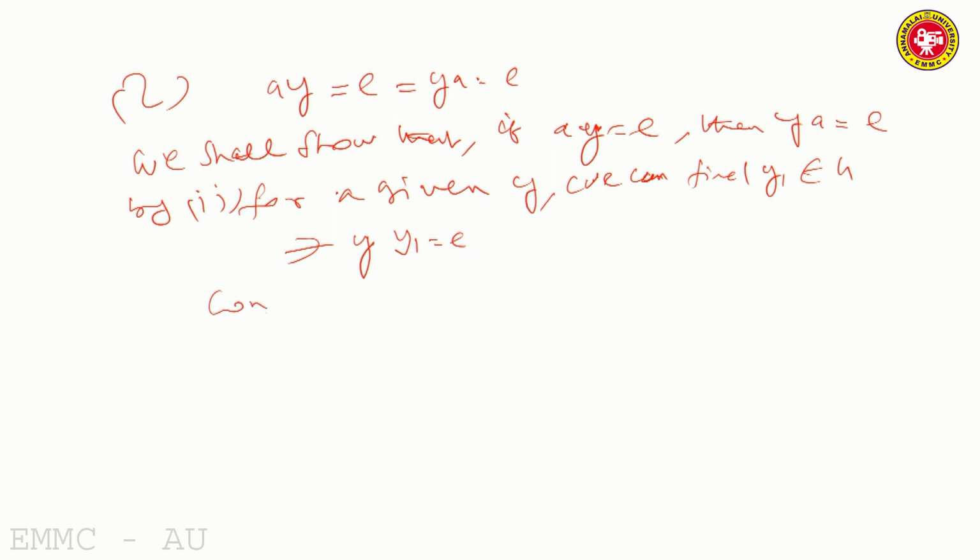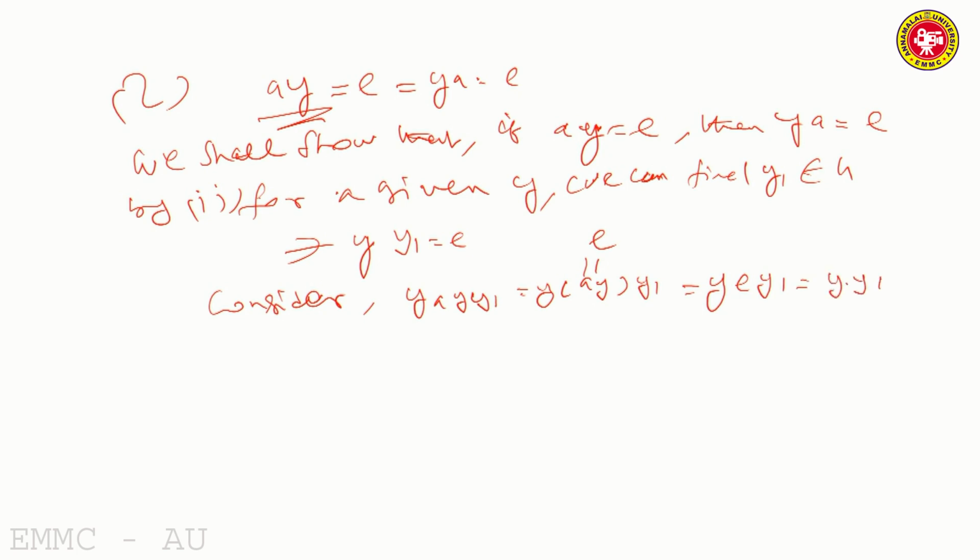Consider YAY1, which is equal to YAY1, which is equal to Y AY is equal to identity here, so AY is equal to E. Therefore, YEY1 is equal to YY1 which is equal to identity. This property is clear.